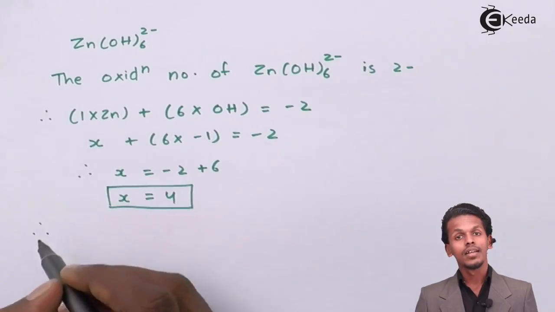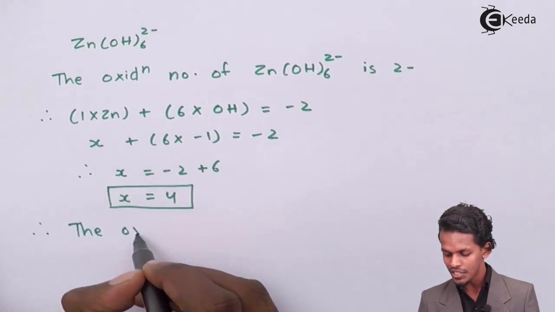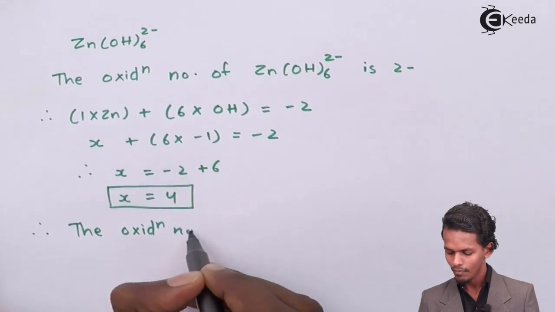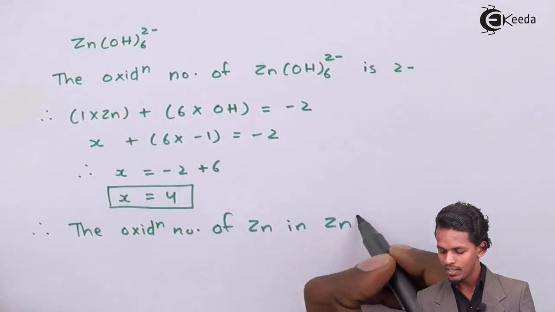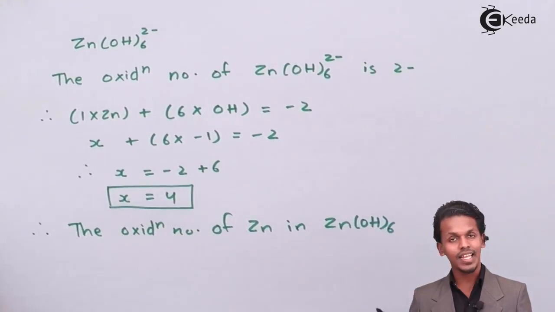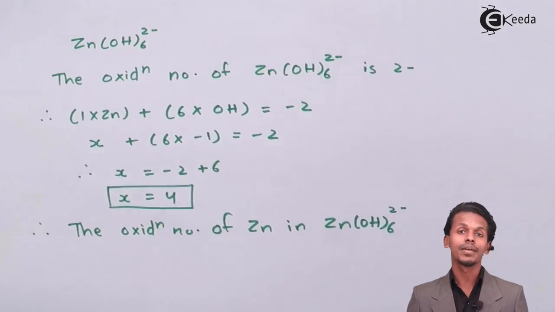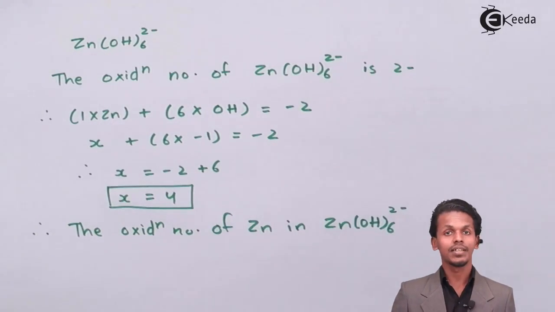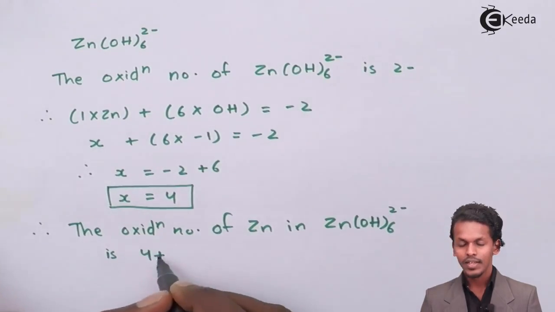So I could finish by concluding that the oxidation number of zinc in [Zn(OH)6]2-, or I could say zinc hexahydroxy ion, is 4+.